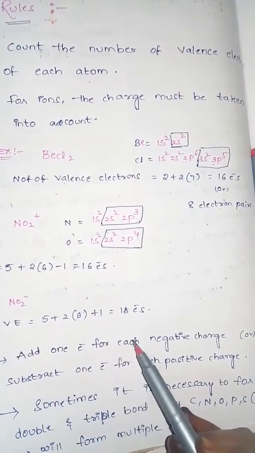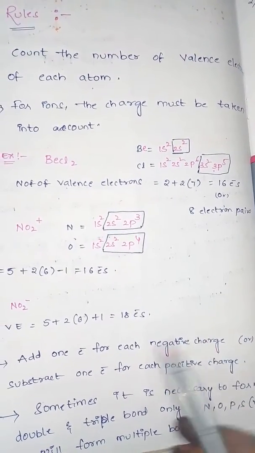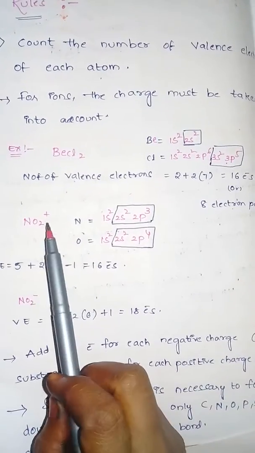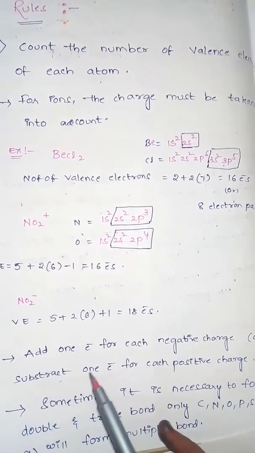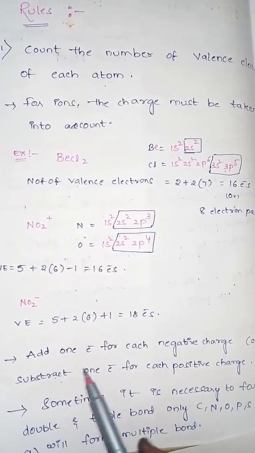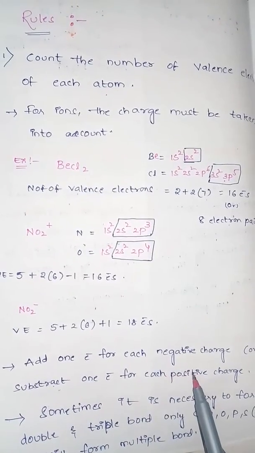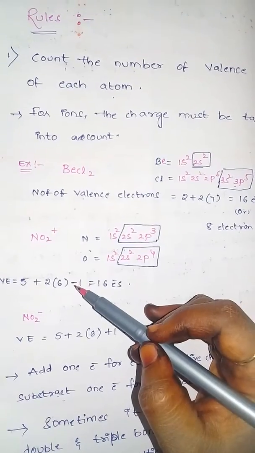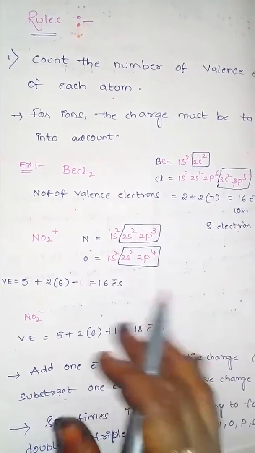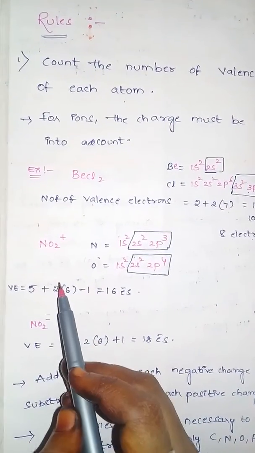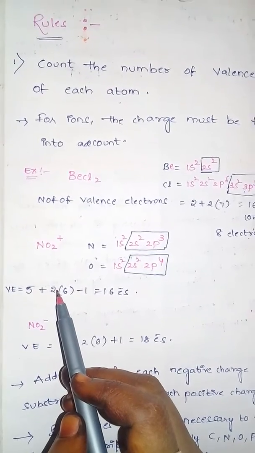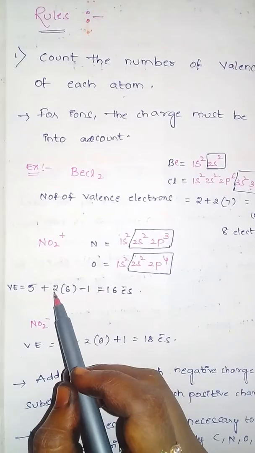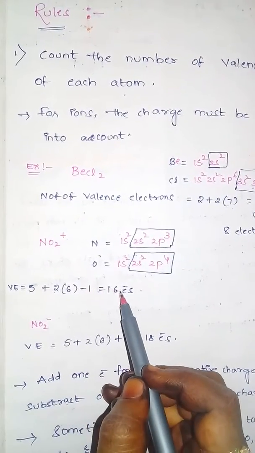Add 1 electron for each negative charge and subtract 1 electron for each positive charge. Here having 1 positive charge, so subtract 1 electron. 5 plus 2 into 6 minus 1 is equal to 16 electrons.